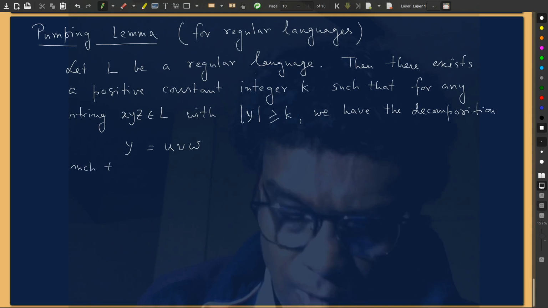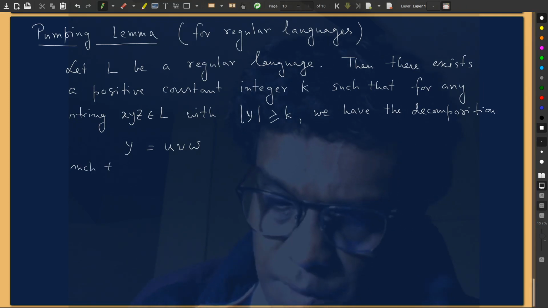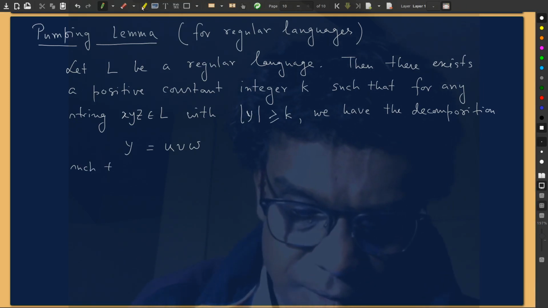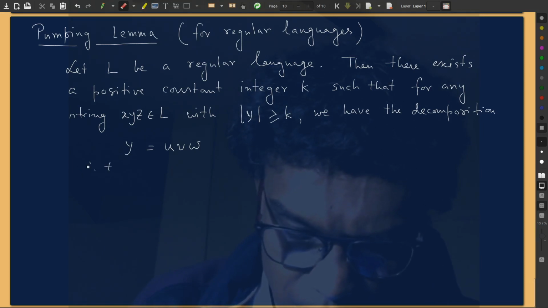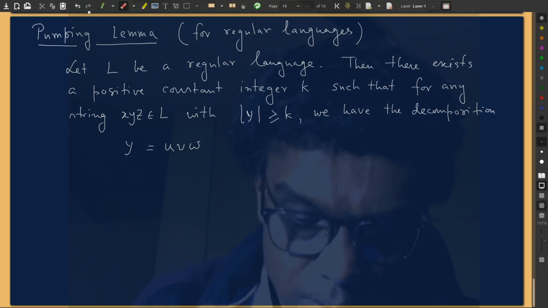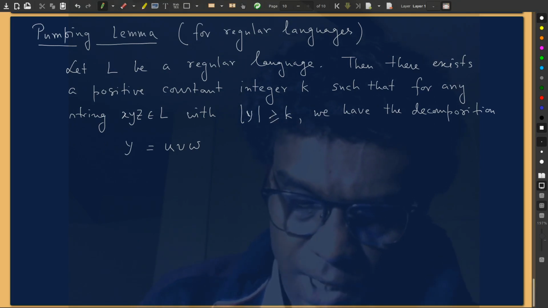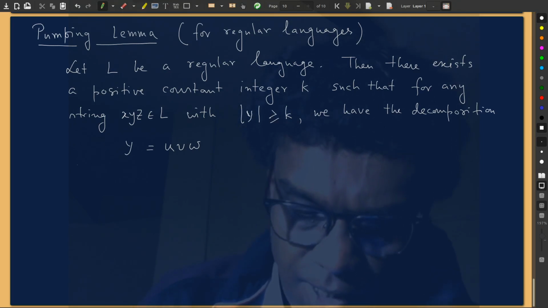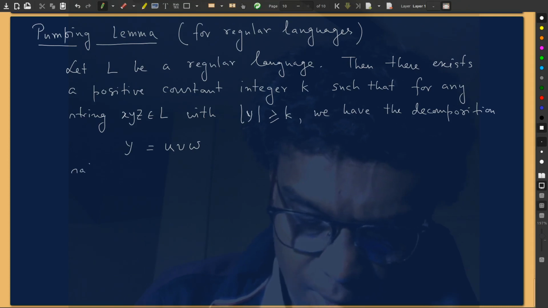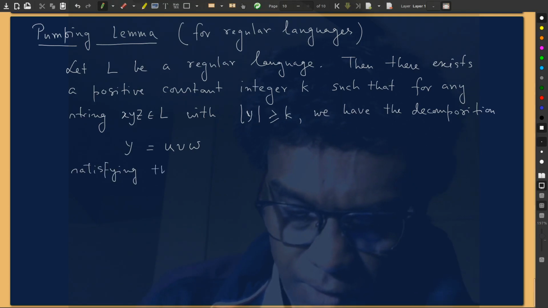There is a decomposition of this form, the middle part y, whose length is greater than or equal to k, satisfying the following three conditions.